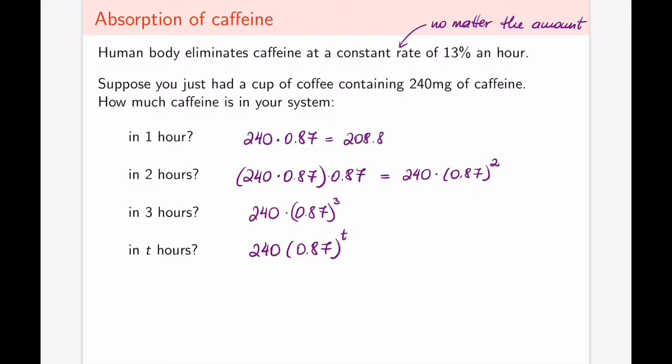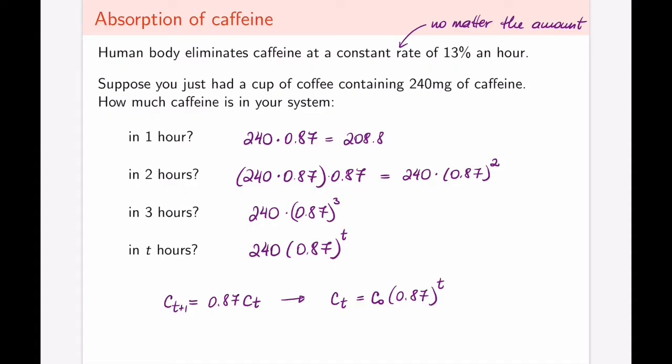So if in T hours my amount is C sub T, then in T plus 1 hours, I'm going to have 0.87 of what I had in the previous step. And the solution to this discrete dynamical system is C sub T equals the initial amount, in our case 240, times 0.87 to the power of T.